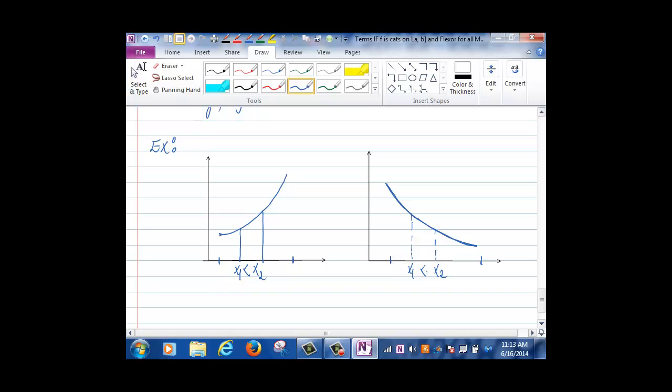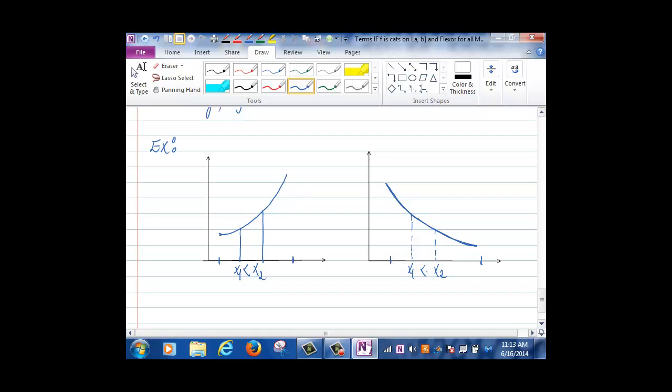If the graph is decreasing, whenever x1 is less than x2, f of x1 is bigger than f of x2. For both of them x1 is less than x2.